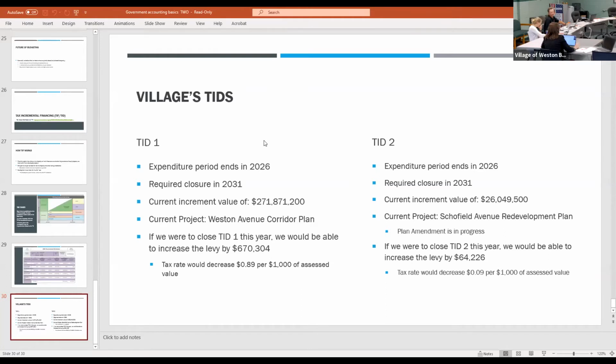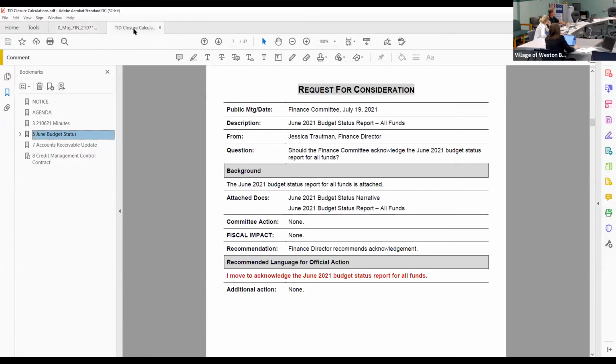Do you want to see the calculation, or are you good? Well, we have maybe the calculation. To follow up on the TID 2 question, one of the thoughts as far as the project plan amendment goes is to make it explicit that certain projects would be eligible for TID assistance.